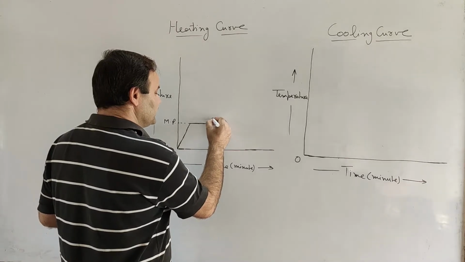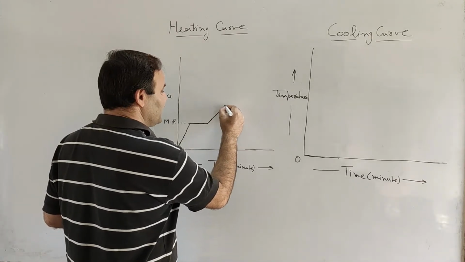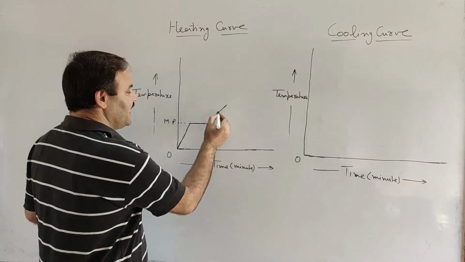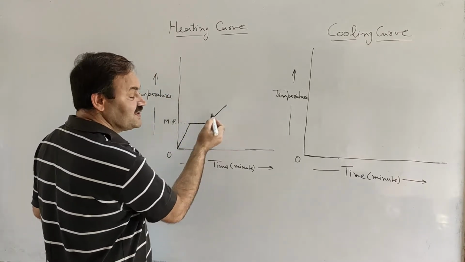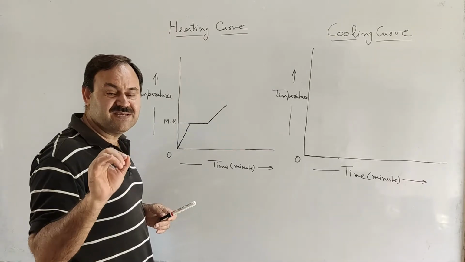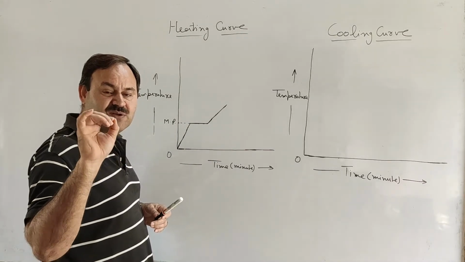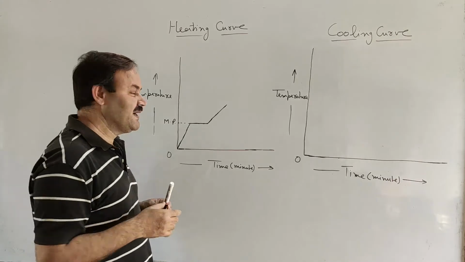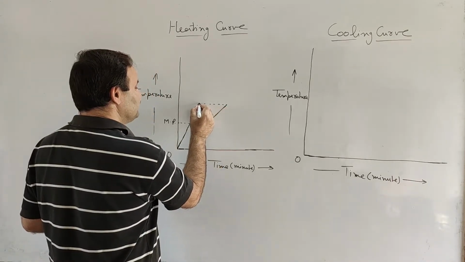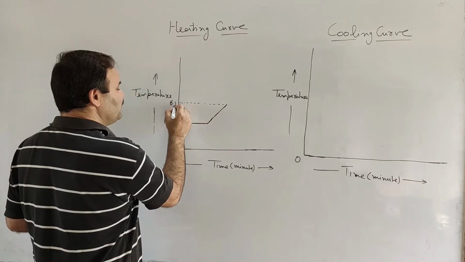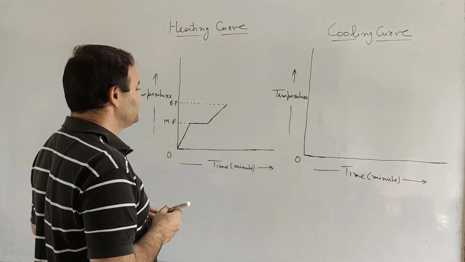It means this time the graph will be like this, and this shows increasing temperature with time, but this increase also will be only up to a certain maximum value, and that maximum value of temperature will be the boiling point of the liquid.